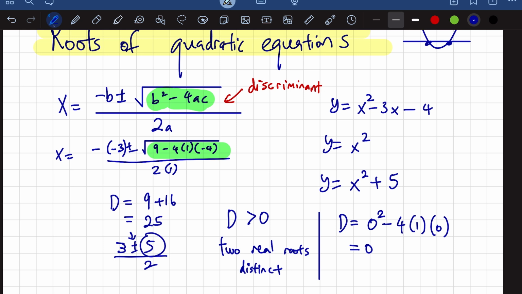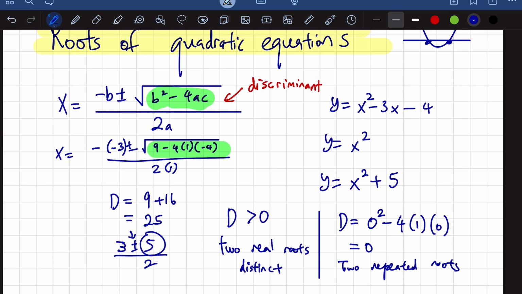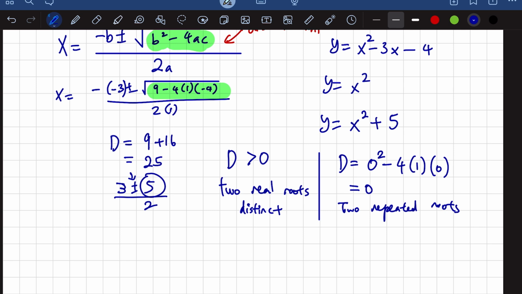That means when you square root 0, there aren't two possible solutions. There's no plus minus 0, it doesn't really make sense. So, in this situation, where your discriminant is 0, we say that there's only one real root, or sometimes you say it as two repeated roots. That means only one x solution.